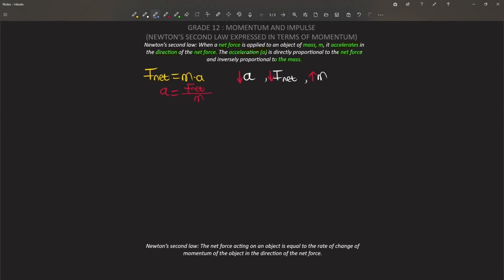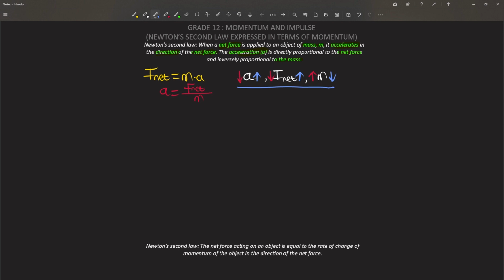But an increment in our net force will result in an increment in our acceleration, and a decrement in our mass will also result in an increment. This sums up the relationship between acceleration, net force, and mass.